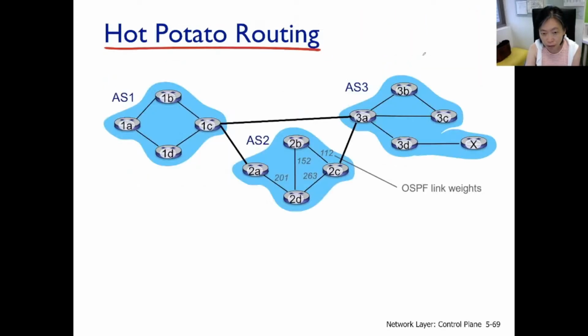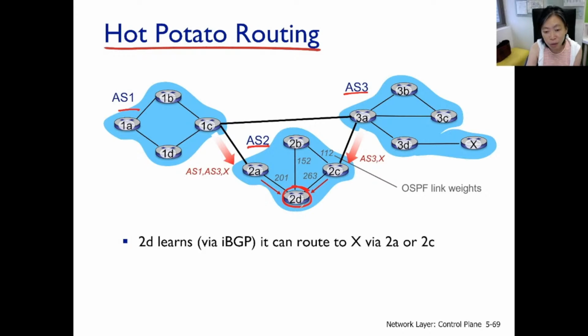But if you consider a slightly different scenario, so again, we have AS3, AS2, and AS1. And the router now in the limelight is now 2D. 2D here actually sees 2 AS paths.